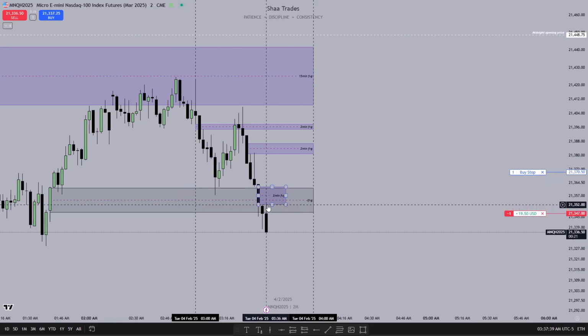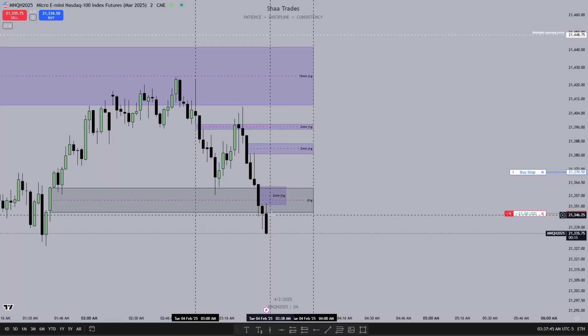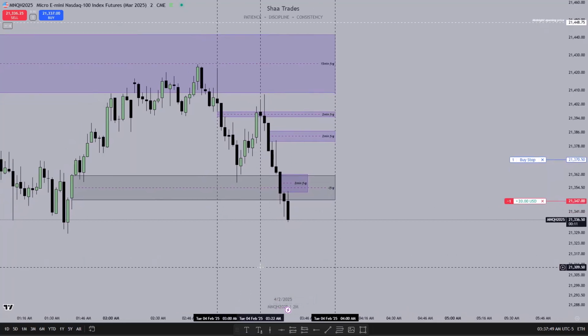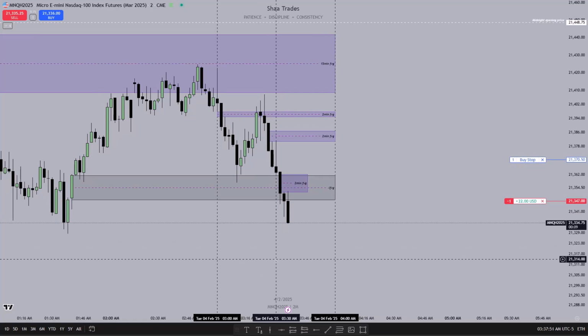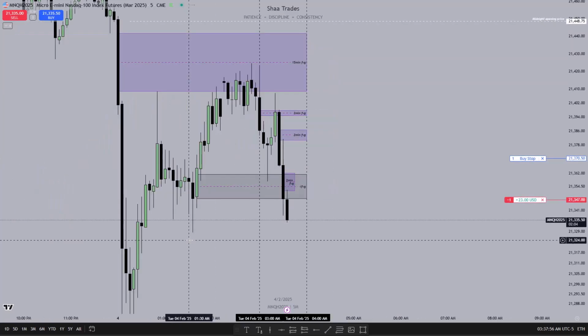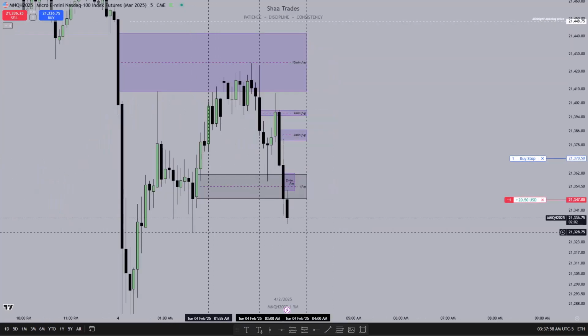Then we could use this as like an institutional order flow entry drill. One right here, one right here. But I waited for the inversion. That's what we trade. And now what we do, we go on our 5 minute and we look for targets.